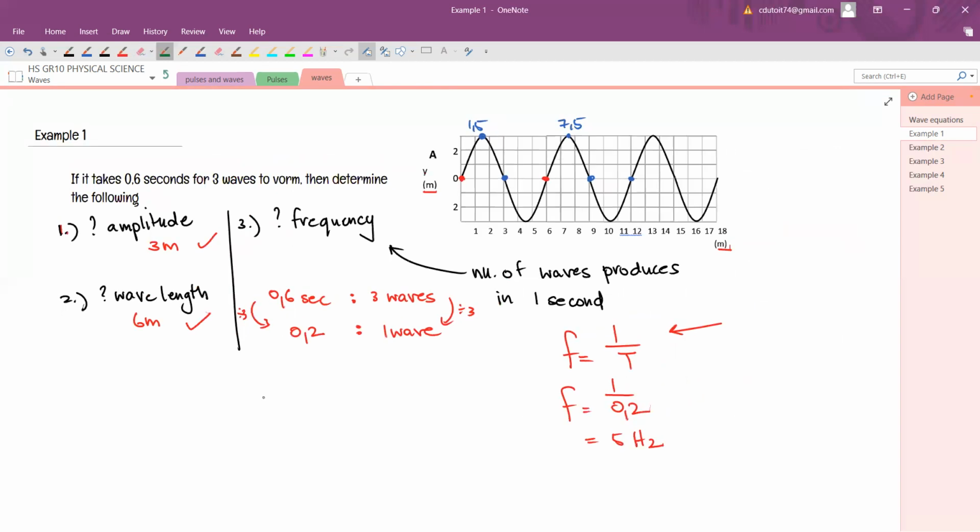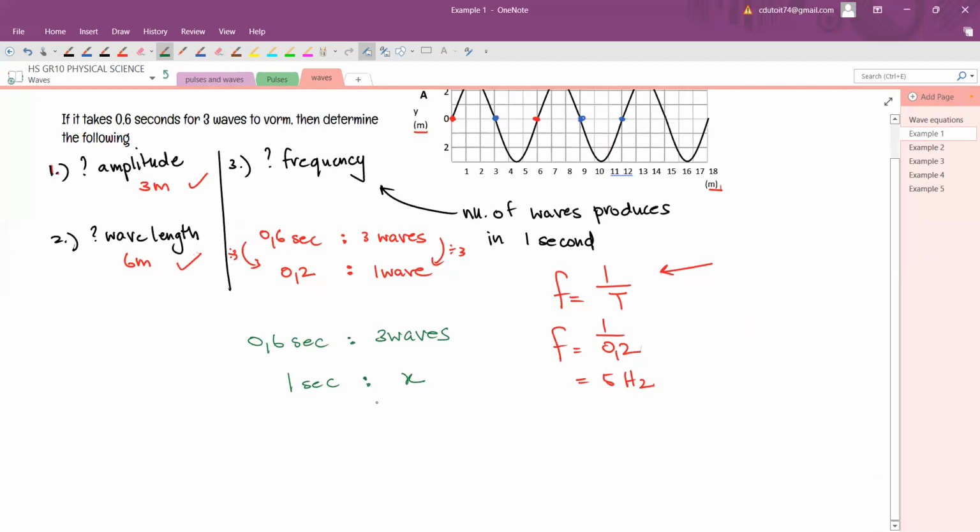The other method was to say, look, it takes 0.6 seconds for 3 waves to form. I want to know, how many waves form in 1 second? The number of waves in 1 second is the frequency. And then you just make this x. So I need to convert that to 1. There's various ways of doing it, but you can also cross multiply.